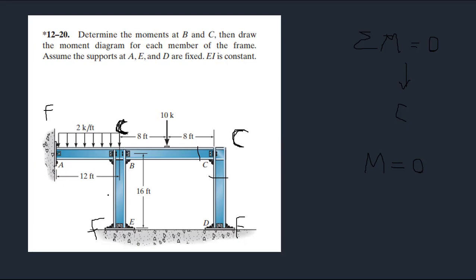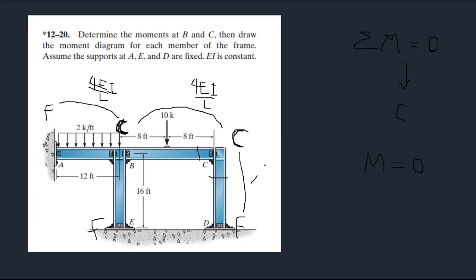If fixed to continuous, I have told you it is 4EI over L, right? Even fixed to continuous and continuous to continuous as well. Here the EI is a constant, right?